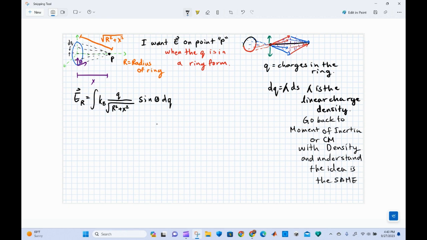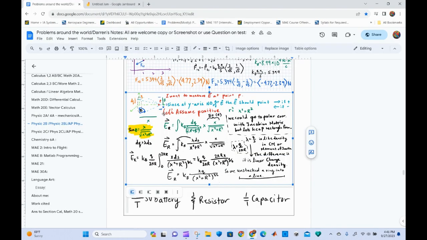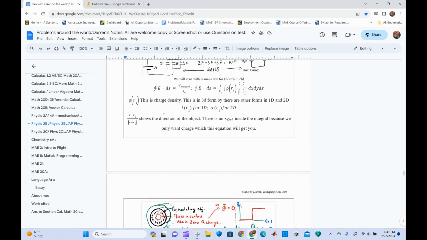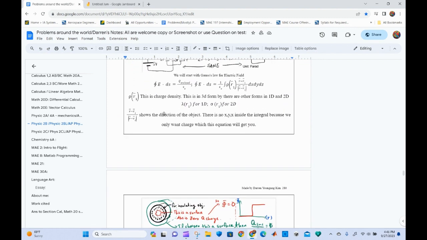So we get over here a little bit of explanation on what the idea is for this linear charging. I wrote down somewhere over here about the different 1D and 2D.